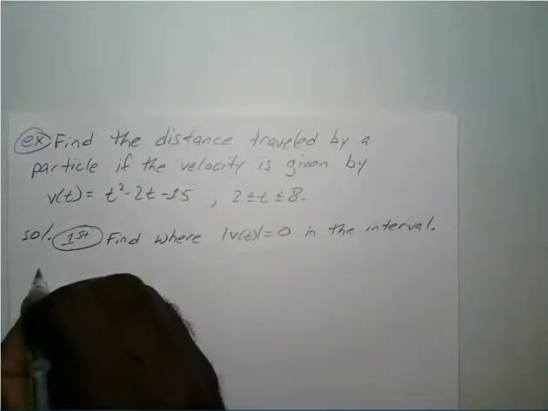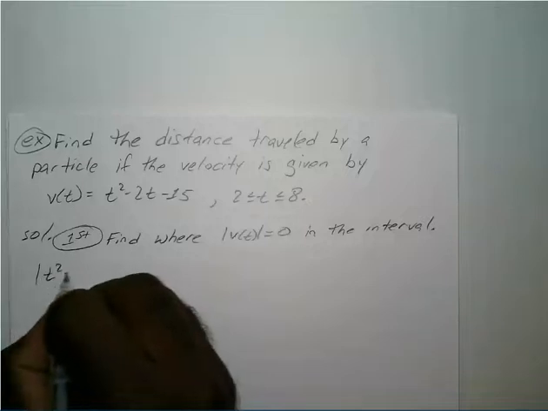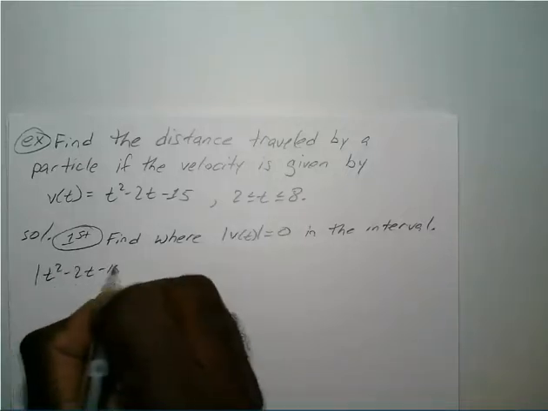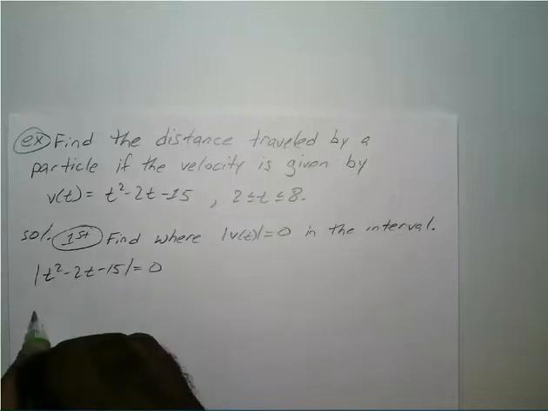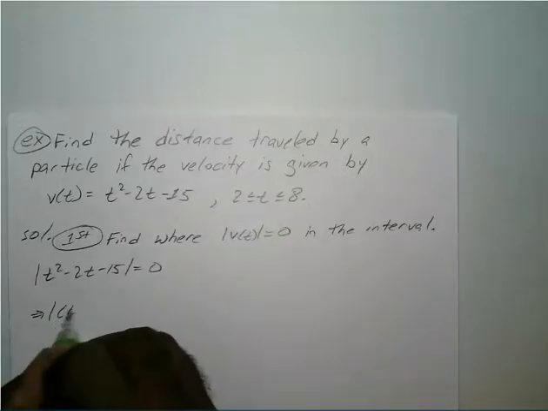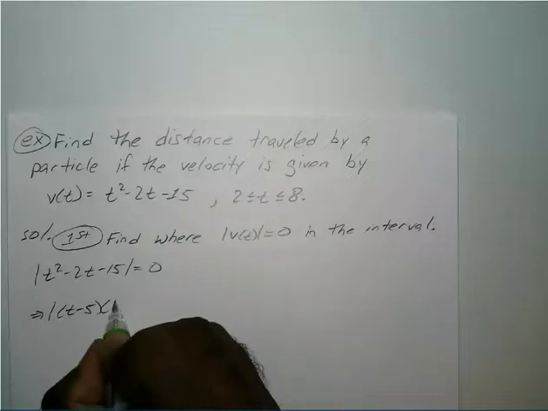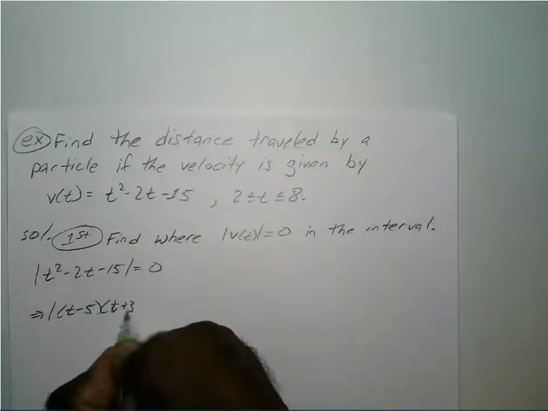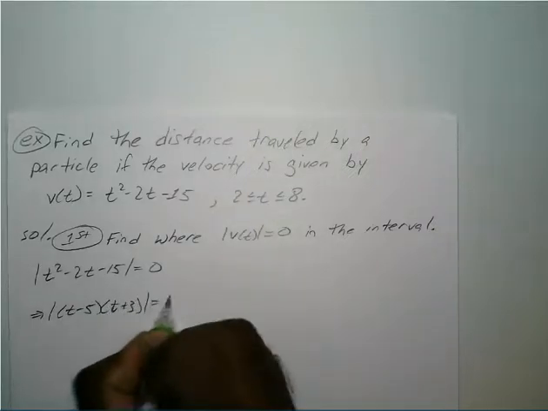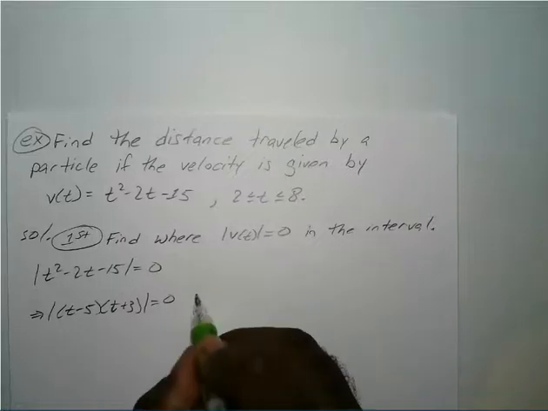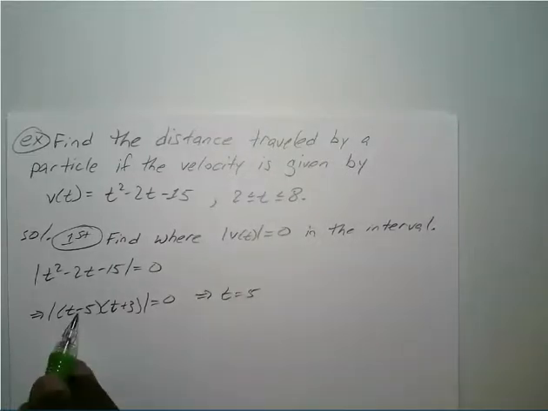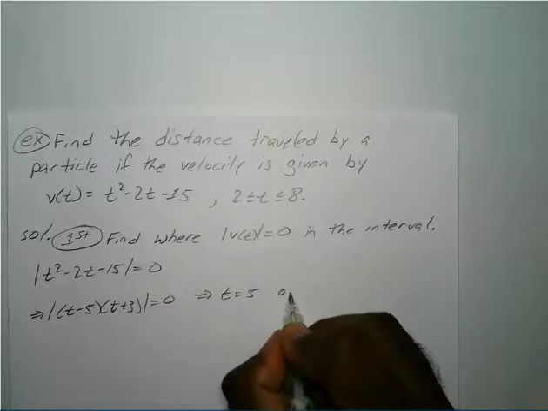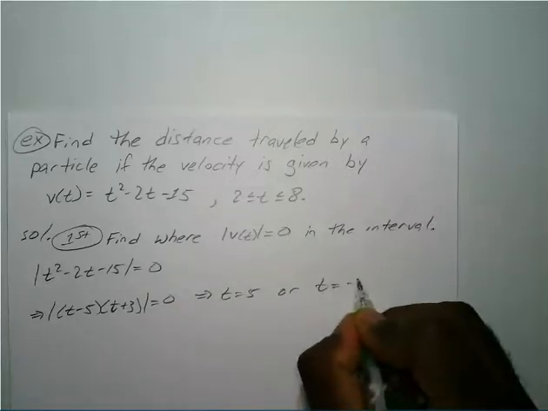If we have the absolute value of t squared minus 2t minus 15 equals 0, and we factor that out as the absolute value of t minus 5 times t plus 3 equals 0, that means t can equal 5 or t can equal negative 3.